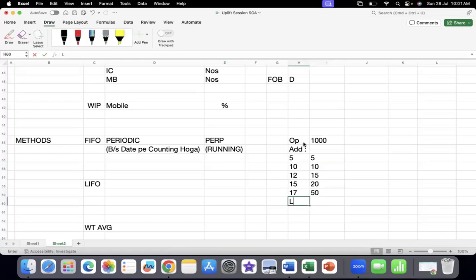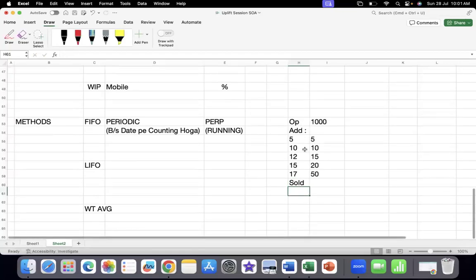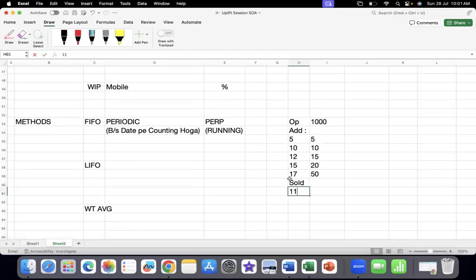And then you sold some units. There would be a selling date as well. Let's say it is 11, 18, 21, and you sold a few units. Let's say 10, you sold 20, then you sold, let's say, 5.